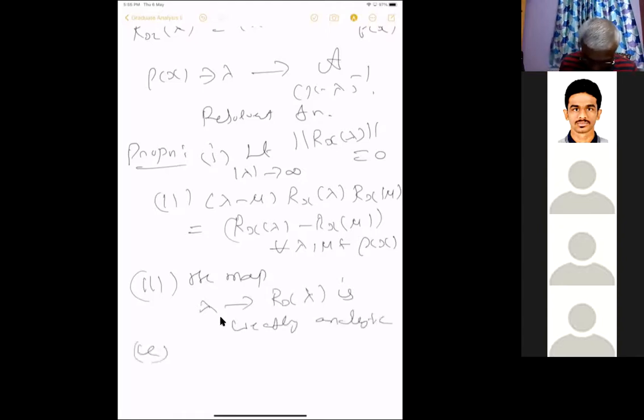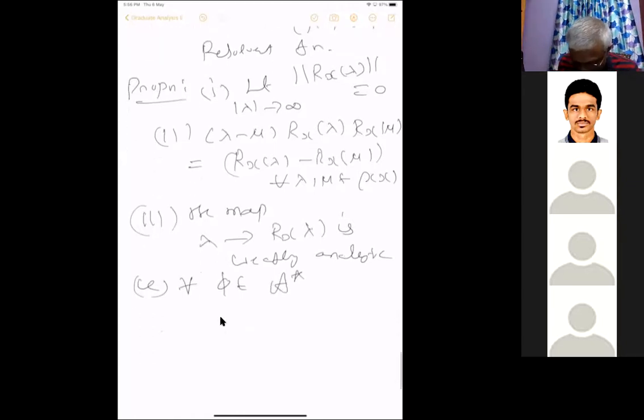That is, for all phi in A star, since A is a Banach space, you take a continuous linear functional phi in the dual of A, then phi of Rx lambda, lambda going to this, is analytic.